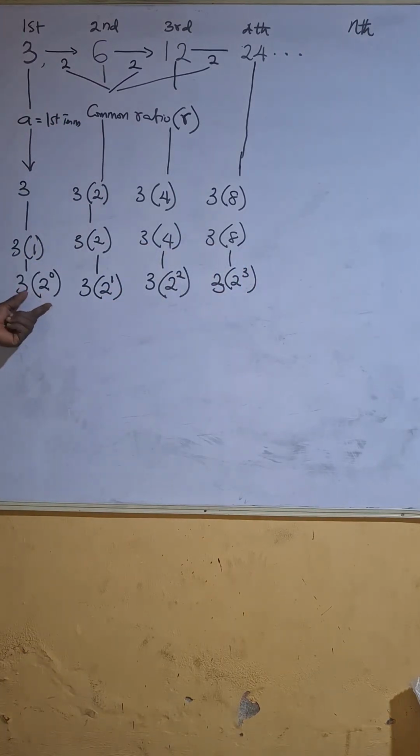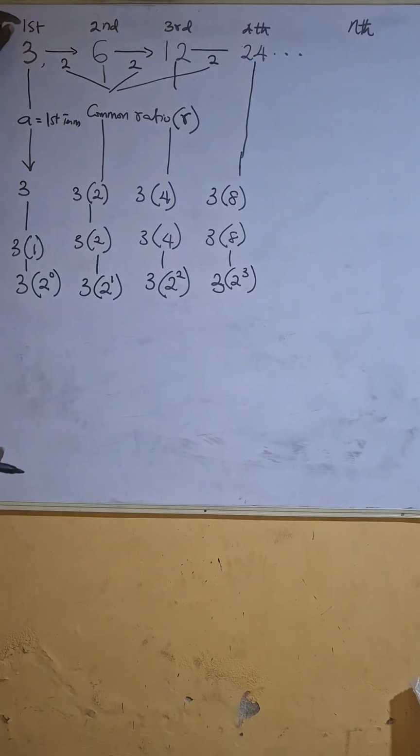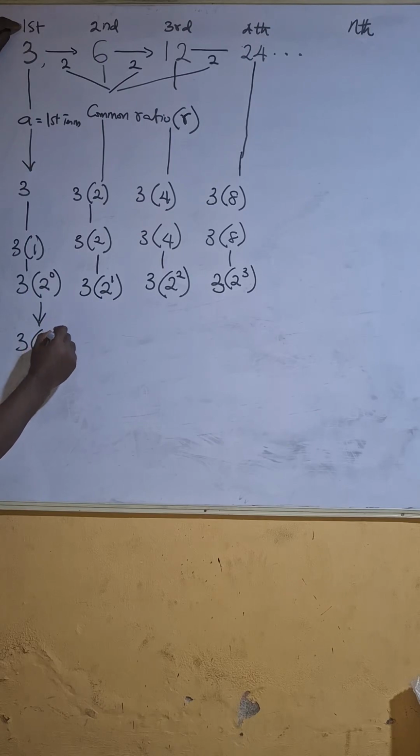Now, what is the implication of this? What this actually means is that 2 raised to power 0 is a matter of deducting 1 from each of these positions. So this is 3 into 2 raised to power 1 minus 1.